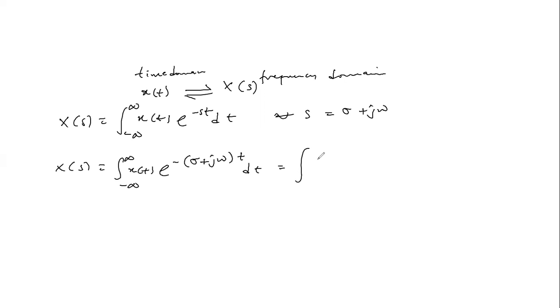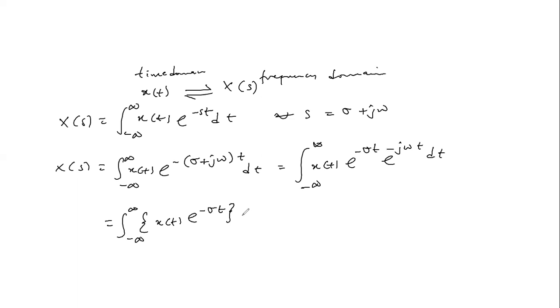Then we could expand this as the integral from negative infinity to positive infinity of s(t) e^(-sigma t) e^(-j omega t) dt.